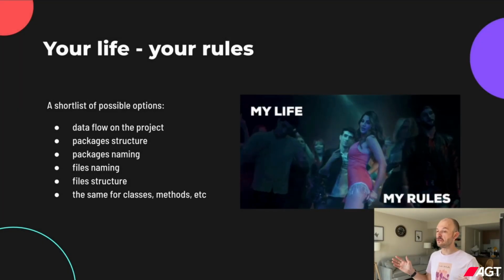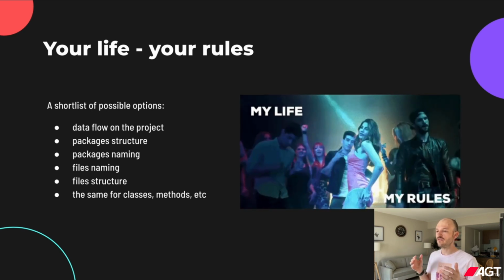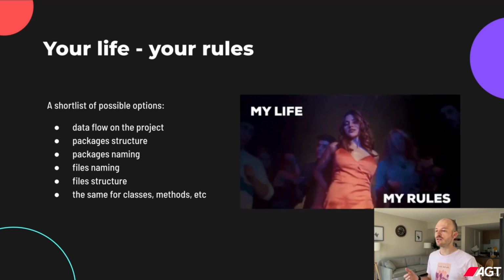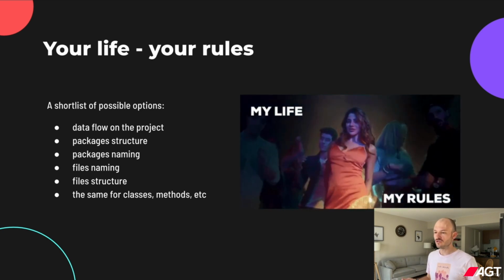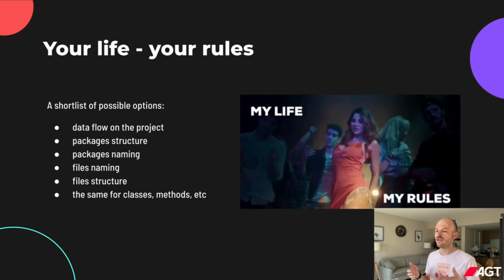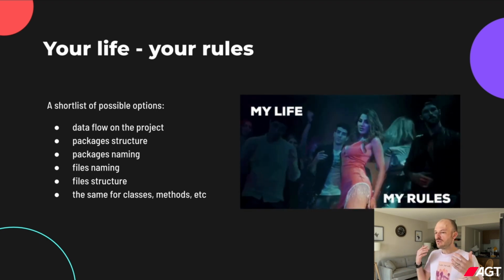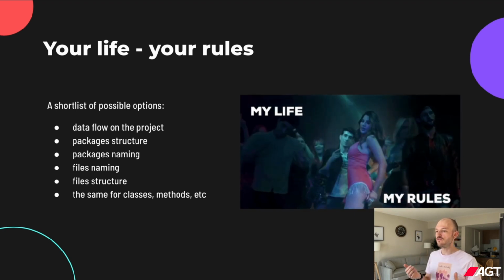Your life, your rules. Introducing rules and standards in software development is extremely important, as it helps ensure consistency and maintainability of the code base. It also encourages teamwork, which makes it simpler for everyone to comprehend and work on the code base. What can be standardized? It's up to you, but I'll give you some food for thought.